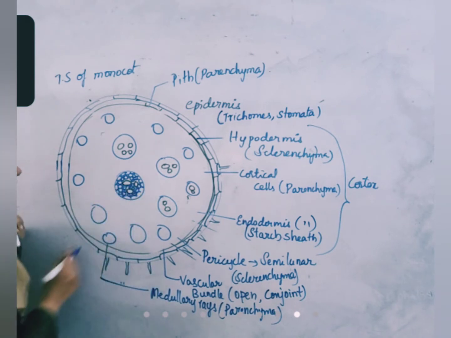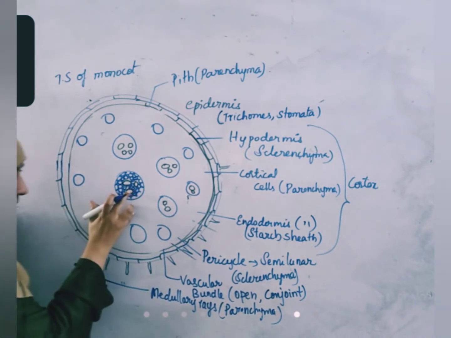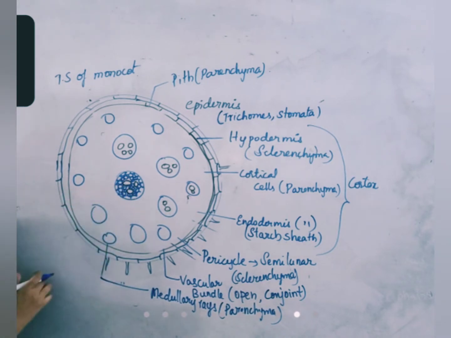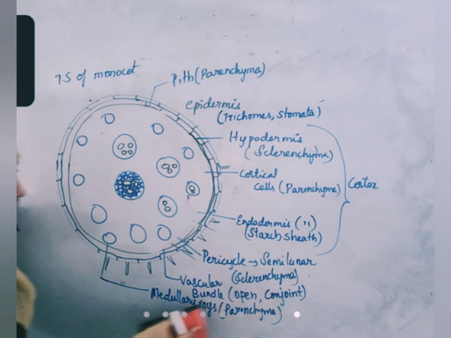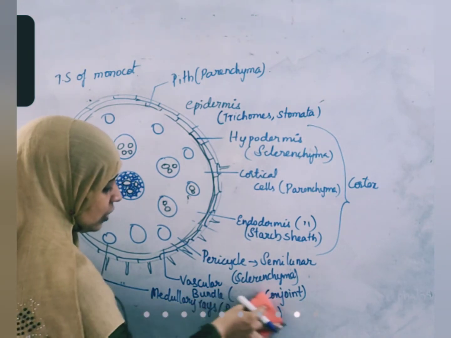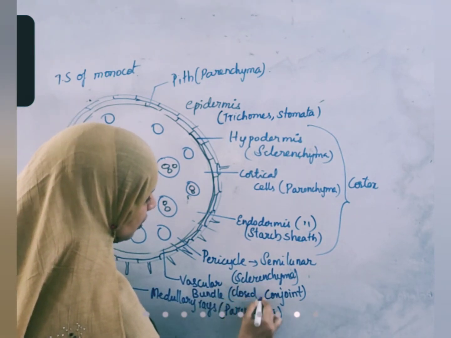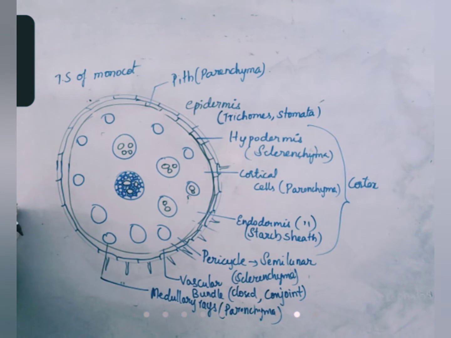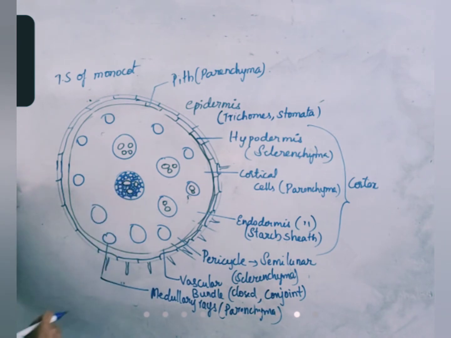Since xylem and phloem are present in same bundle, they are also conjoint. Vascular bundle is conjoint, but it is not open, it is closed. Closed vascular bundle because there is no cambium tissue in between.